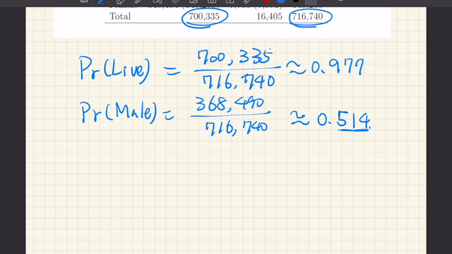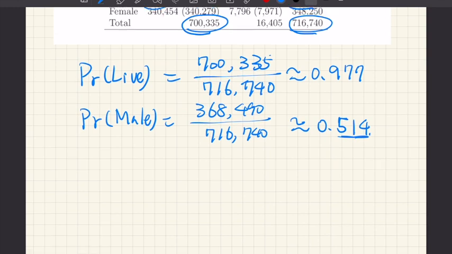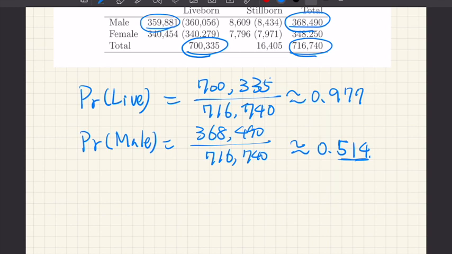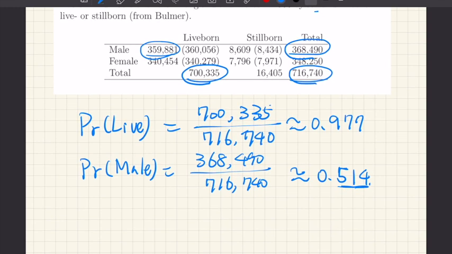So if live or still birth is independent of sex, then we can estimate the number of live born male babies.